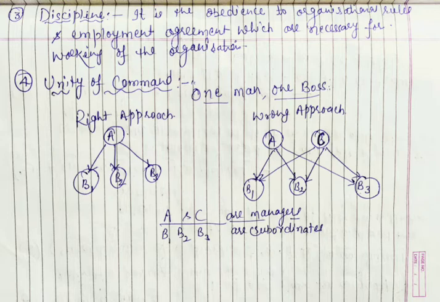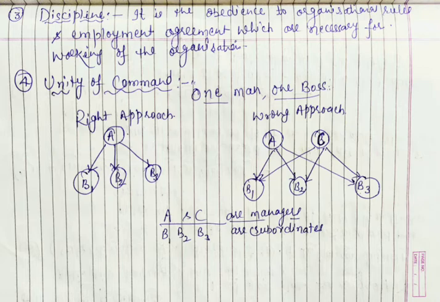According to Fayol, discipline requires good superiors, seniors at all levels, whether it is top level, middle level or lower level of management. Clear and fair agreements, and if rules are not followed, then provision of penalties and punishment should also be there.